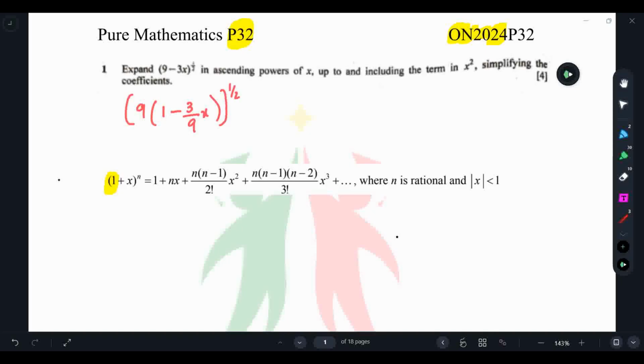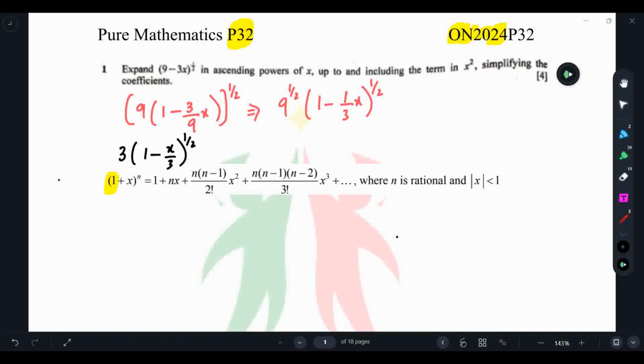Now we can use the properties of indices, and write it as 9 power 1 by 2 into (1 minus 1 by 3 x) whole power 1 by 2. Now from here we can see this is 3 into (1 minus x by 3) whole power 1 by 2. Now we can use the binomial identity.